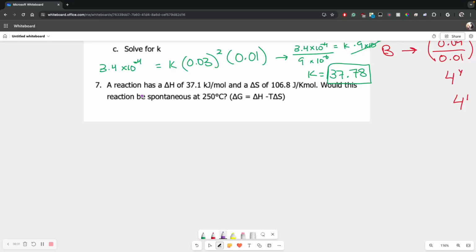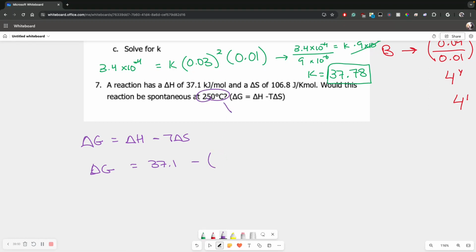So all we have to do in this scenario is literally plug and chug. So we have delta G equals delta H minus T delta S. In this case, delta G we're finding equals delta H is 37.1 minus T temperature.